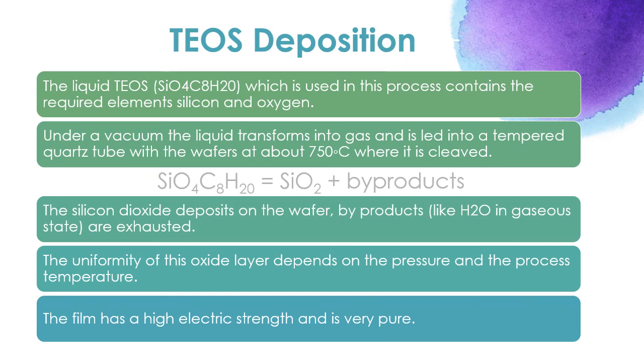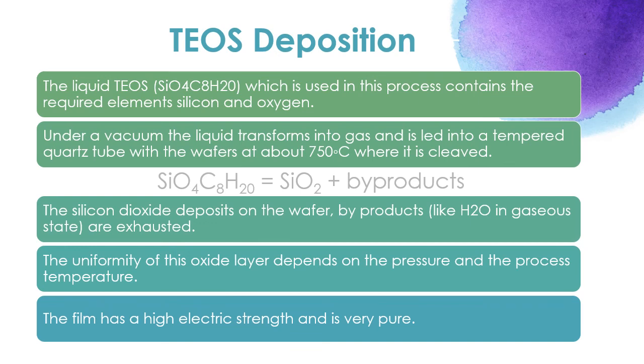Under vacuum conditions, the liquid is transformed into gas and let into the tempered quartz tube with the wafer at around 750 degrees Celsius, and then it creates SiO2 and a byproduct. The byproduct is produced in gaseous state.